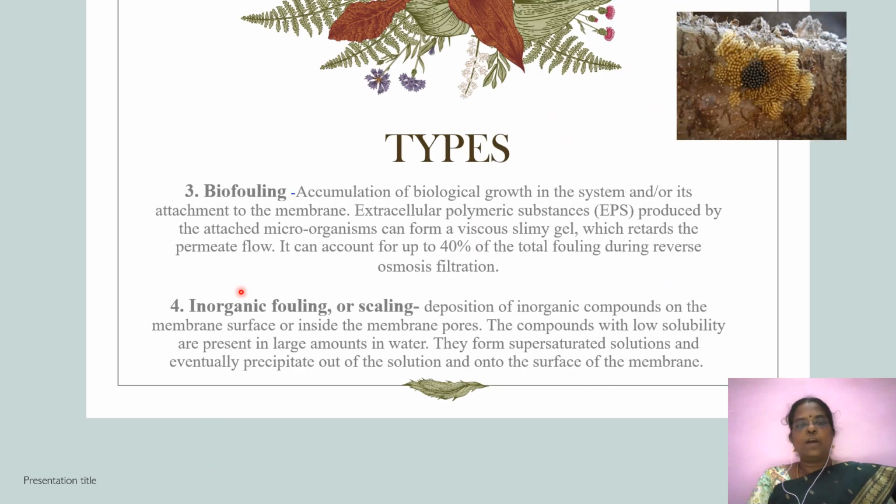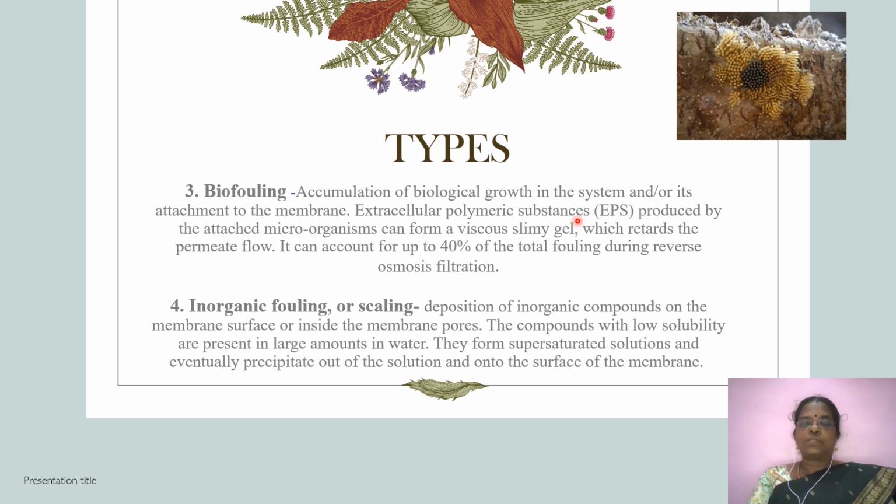The third type is biofouling: accumulation of biological growth in the system or its attachment on the membrane. What is it? While we are filtering water, it is definitely going to have microorganisms like bacteria, right? When this bacteria gets adsorbed to the membrane surface, in due course it starts emitting certain material called extracellular polymeric substances.